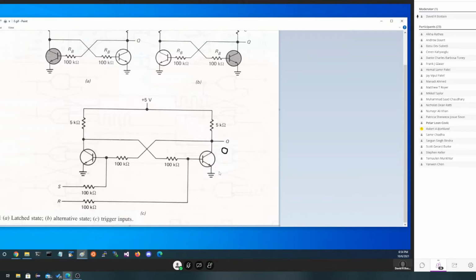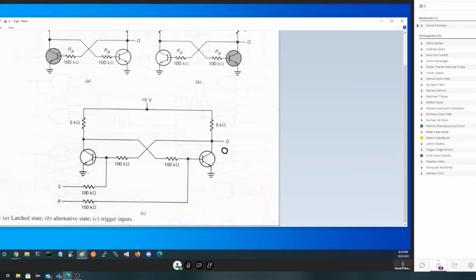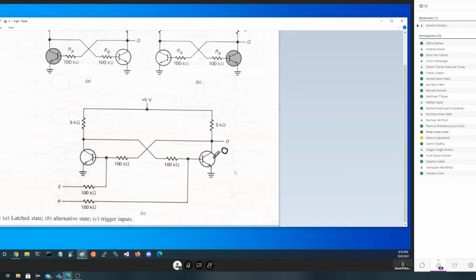Is this transistor on or off? Give me a green if it's on, red if it's off. Yeah, it's on because VCE is really equal to a 0. If we pull that down to a 0, that means Q is a 0. That also means we have a 0 right here.